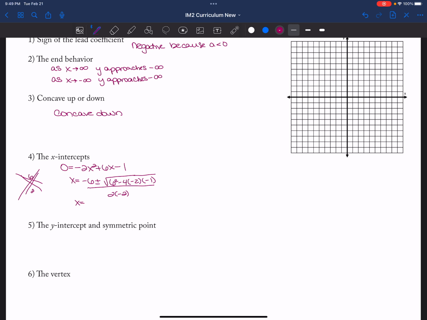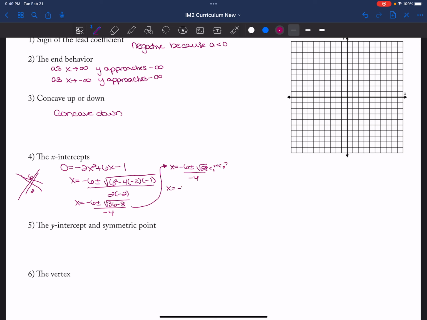So x is equal to negative 6 plus or minus the square root of 36 minus 8, all over negative 4. So then I get x is equal to negative 6 plus or minus the square root of 28 over negative 4. 28 breaks down into 2 and 14, 2 and 7.